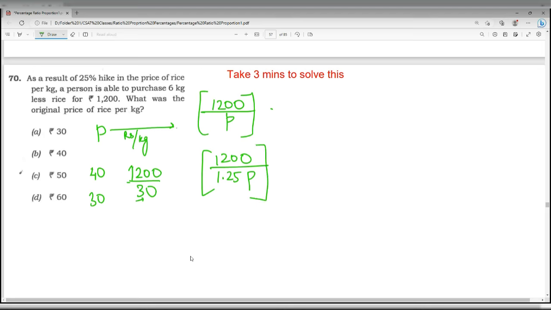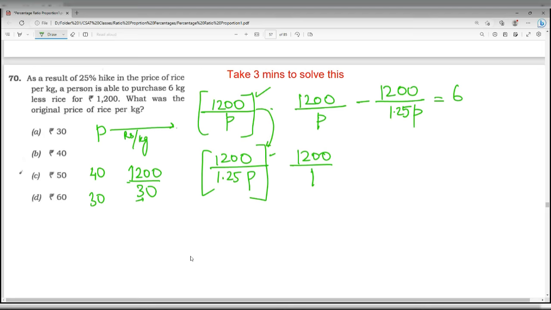The difference between the higher amount and the lesser amount is 6 kgs. So we can set up an equation: 1200 divided by P minus 1200 divided by 1.25 P is equal to 6.